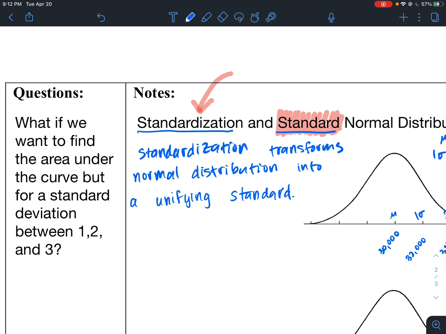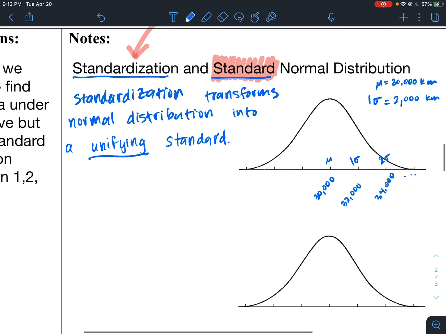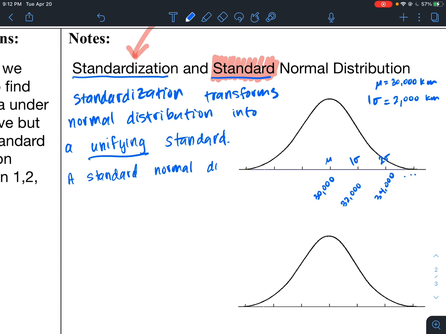Now, it's called unifying because it helps us convert the mean. A standard normal distribution always has a mean equal to 0 and a standard deviation equal to 1.